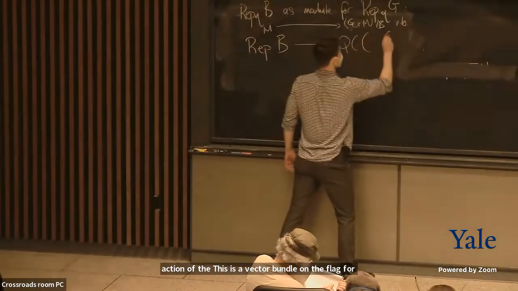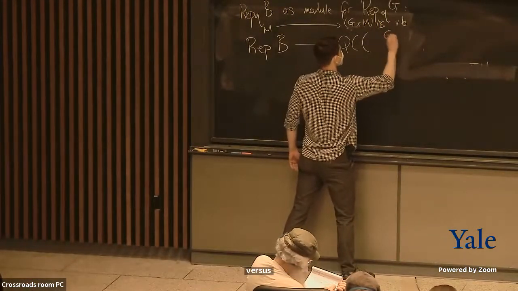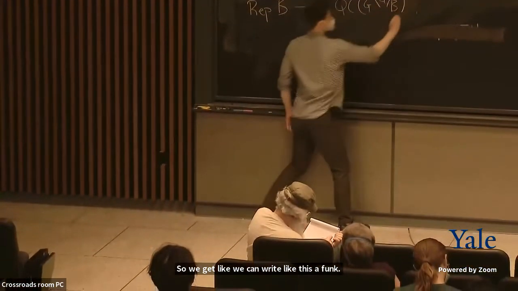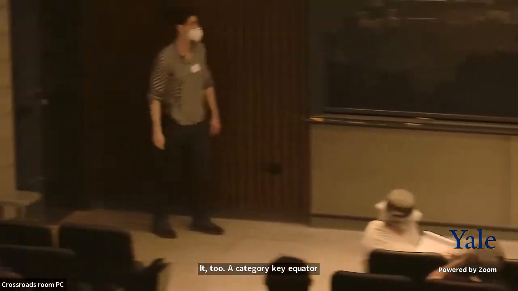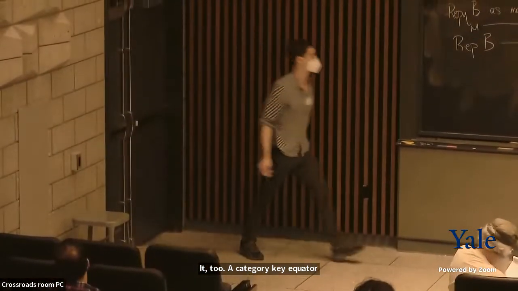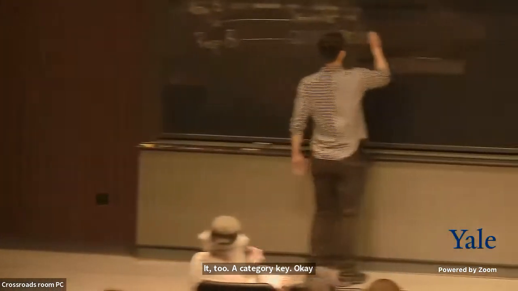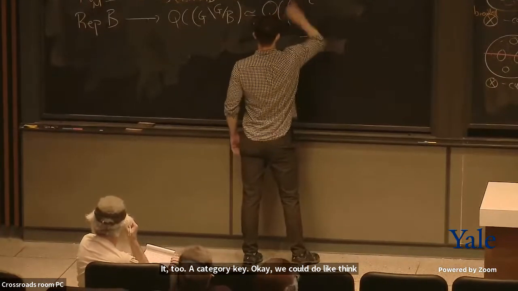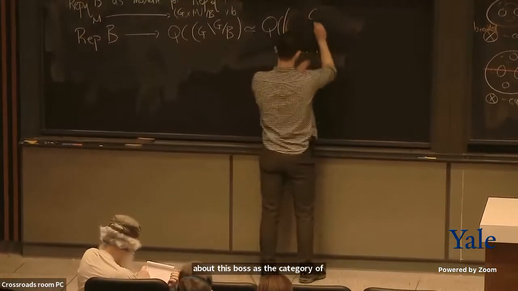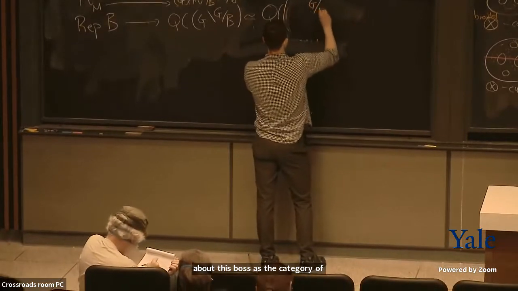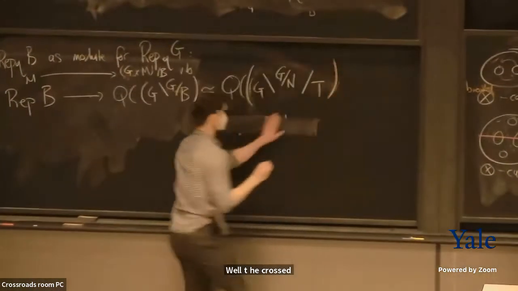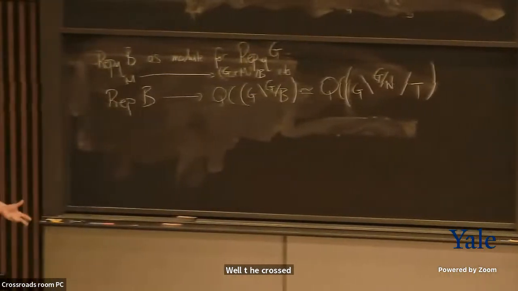So we get a functor to the category of G-equivariant sheaves on G mod B. If you like, we could think of this as the category of G cross T equivariant sheaves on the principal affine space.